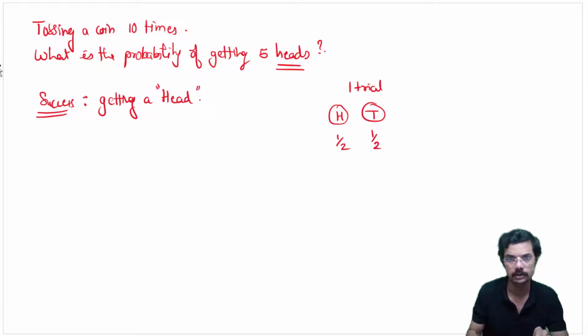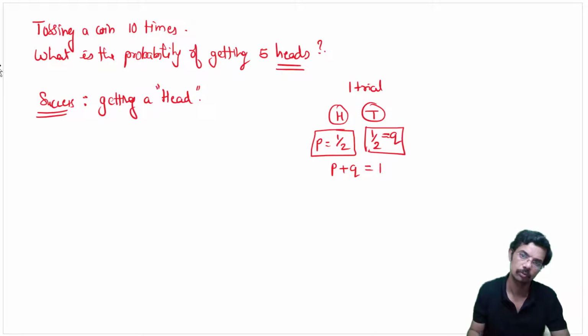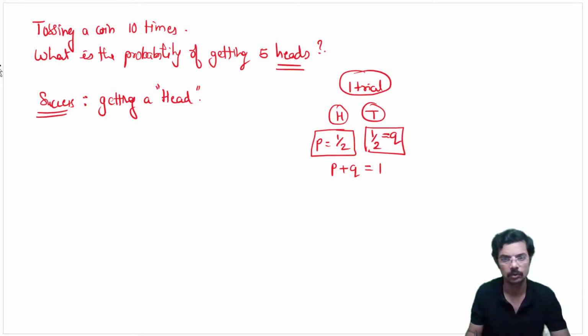So this is your P, and this is your Q. P is equal to 1 by 2 and Q also equal to 1 by 2. Clearly P plus Q is equal to 1. For each trial, probability of success plus probability of failure will be equal to the universal probability. They are mutually exclusive and exhaustive events.